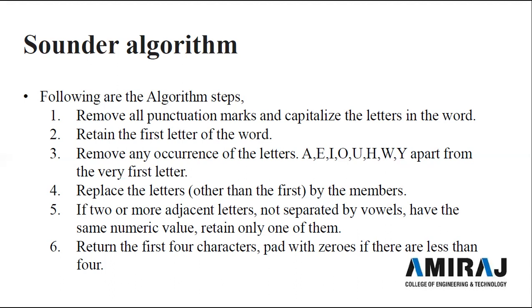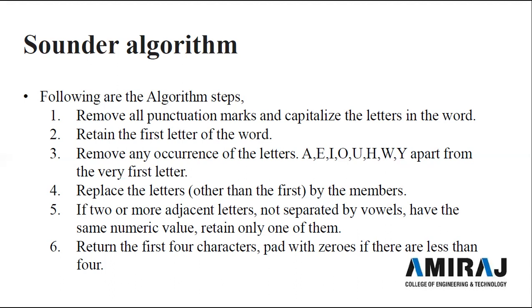So if we have two B's consecutively and these two B's are not separated by a vowel, then we will retain only one of them. Only one B will be stored, the other B will be discarded.